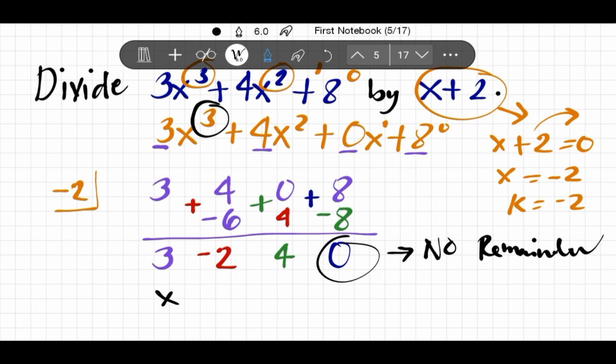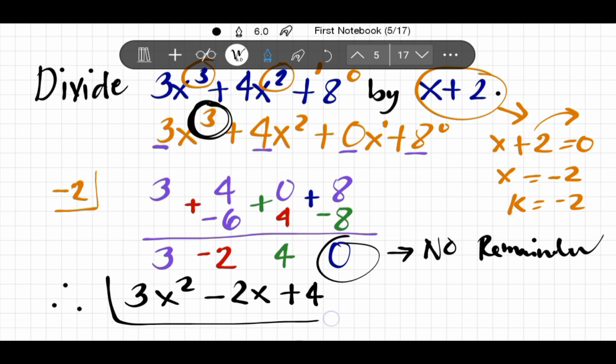Just subtract 1 from the degree of the given dividend. So since you have here x cubed, the quotient will start from x squared. So bring down 3, so you have 3x squared. Copy negative 2 followed by x with the power of 1, and x with the power of 0, or the constant, so plus 4. So therefore, this will now be the quotient.